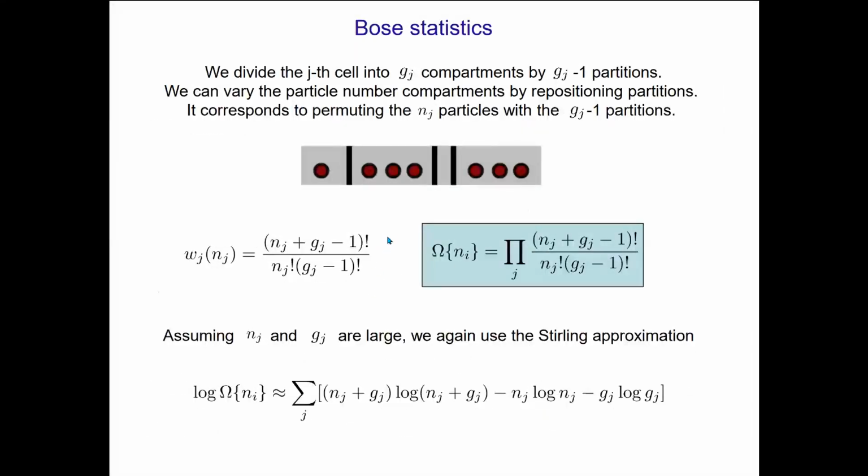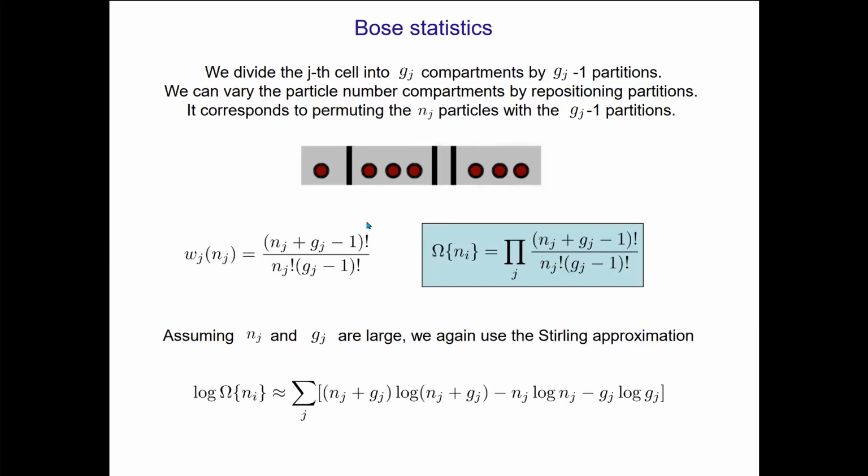Okay, so now that we have derived the distribution of occupation numbers for fermions, let's move on to bosons. For bosons, if you remember, the occupation numbers can take any integer value. So bosons can occupy the same quantum state as many times as you like.